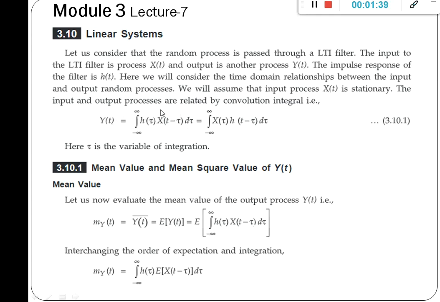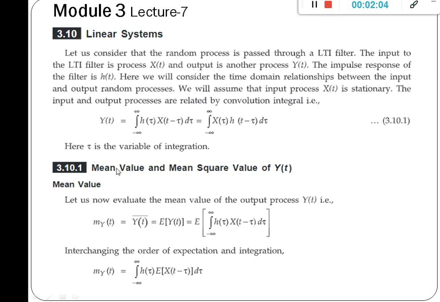And we know convolution is commutative. Because of that, we can write it as the integration from minus infinity to plus infinity of h of tau, x of t minus tau, d tau, which is equal to the same. Here tau is the variable of integration.